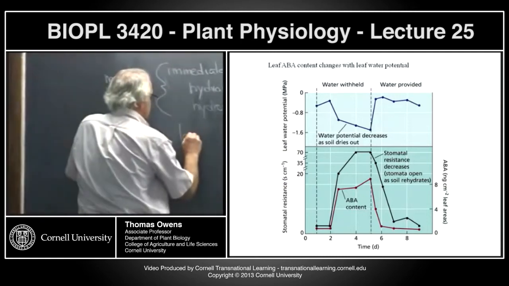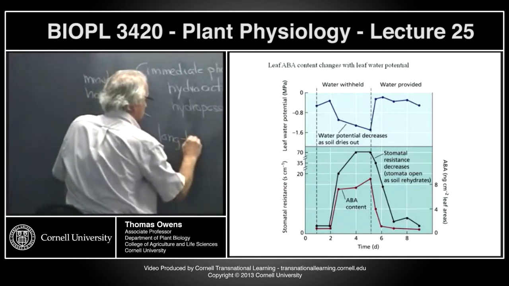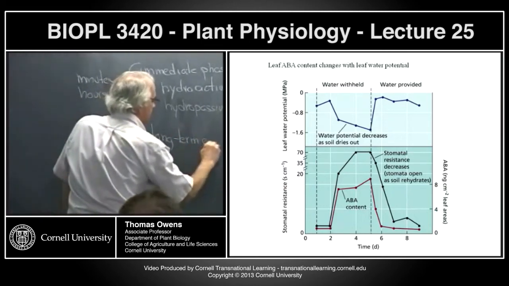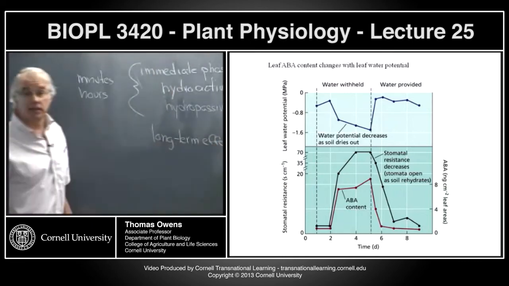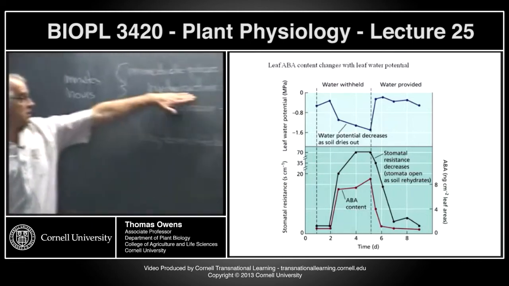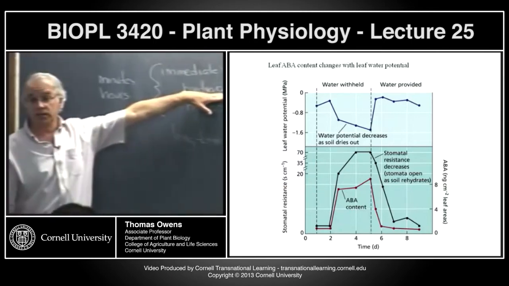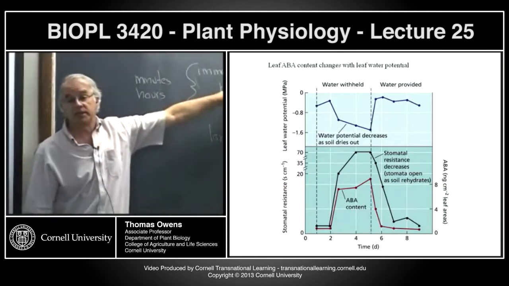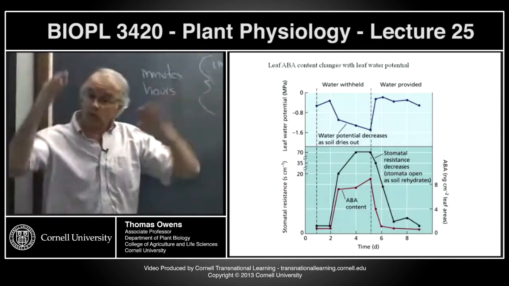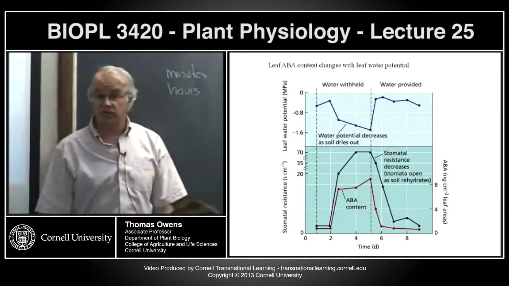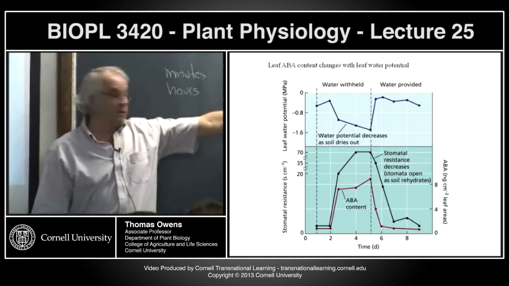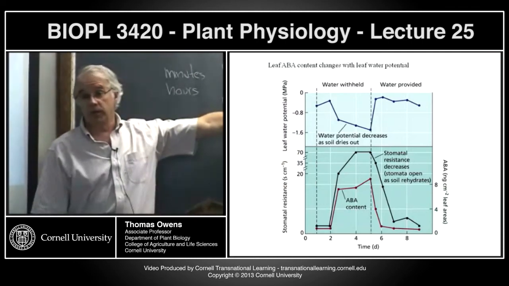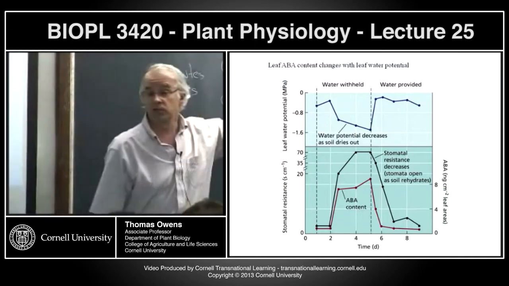And if we consider the long-term effects, we have exactly the same components. There's a hydroactive component to this. If the soil water potential remains low, then that will continue to have its effect on the water potential in leaves. The hydropassive component in the long term is not due to ABA that's produced locally.